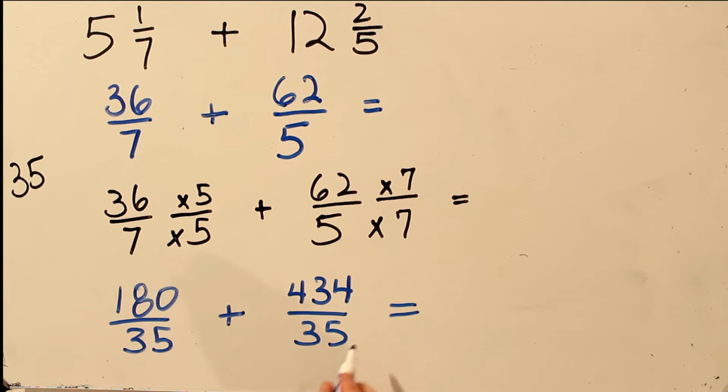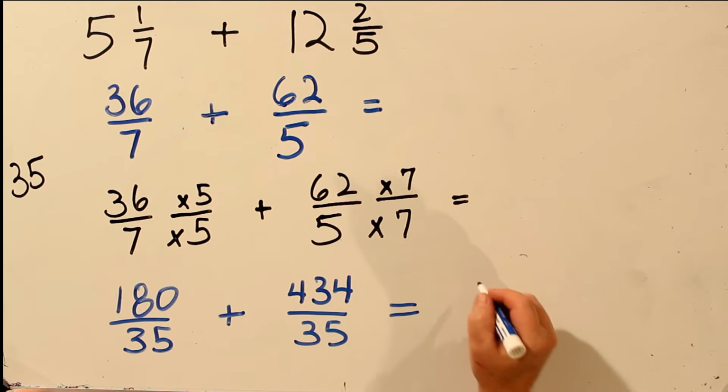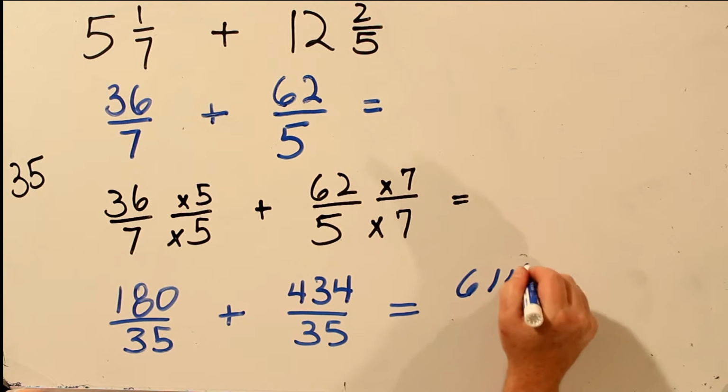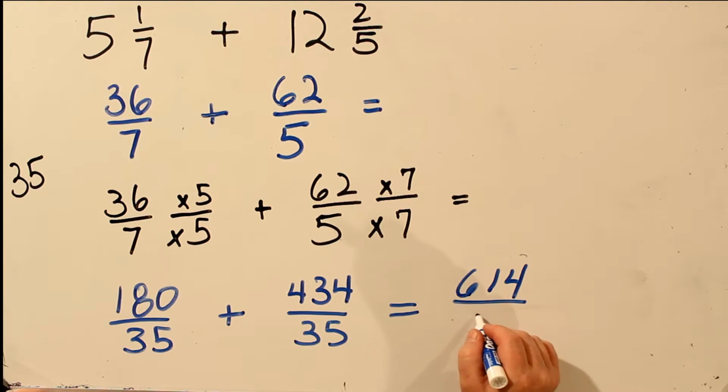Now the bottom number is the same, so we can add these fractions. 180 plus 434 is 614. And we keep the bottom number the same. 614 over 35, which is an improper fraction, and it can be converted to a mixed number. And if you want, you can follow the link on how to convert from an improper fraction to a mixed number.